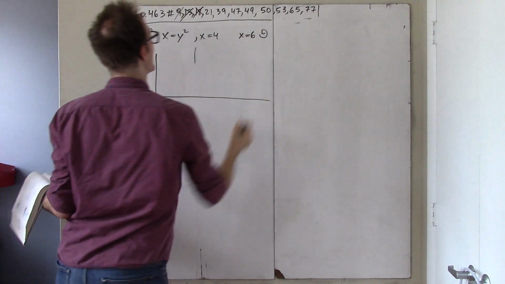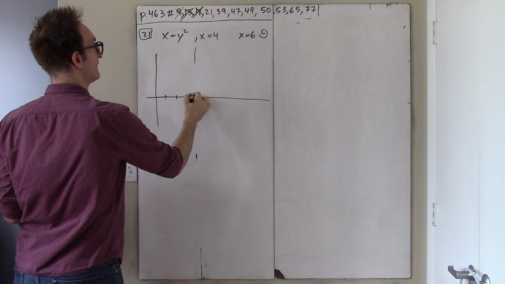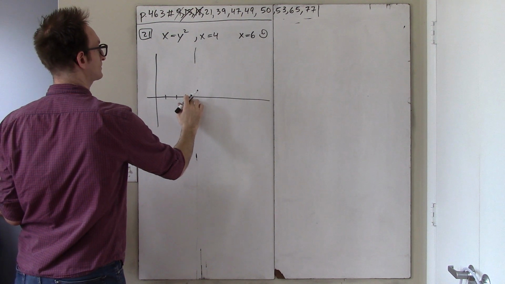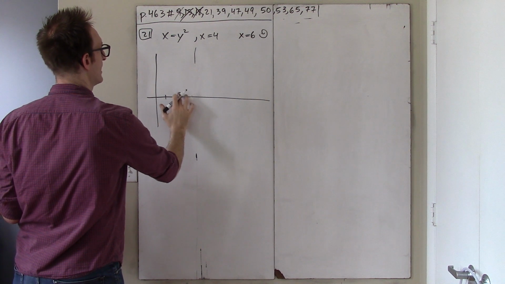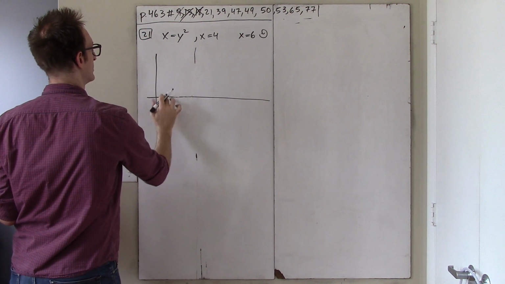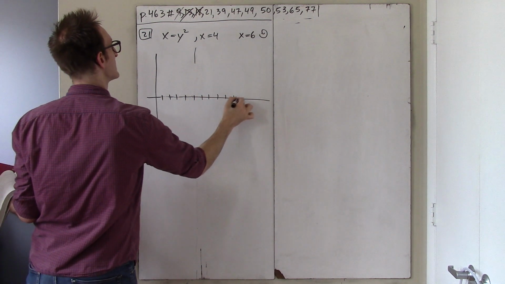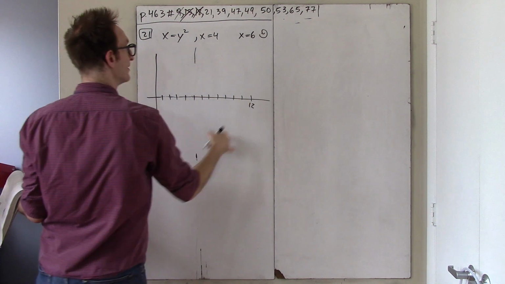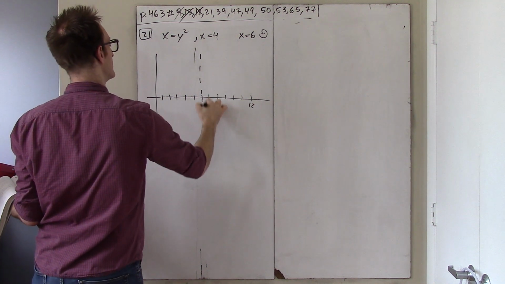Okay, so I guess I want to do this. I'm trying to plan out my space as I go. 1, 2, 3, 4. Hold on. I think I need this to go all the way out to 12. 1, 2, 3, 4, 5, 6, 7, 8, 9, 10, 11, 12. So x equals 6 is over here.